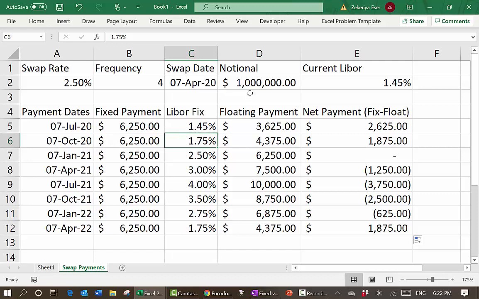I am going to loan $1 million to someone, but I'm not going to give that money until 7th of July. And we don't know what that rate is going to be, but we can act as if that's the forward rate. It's going to be much more clear when we implement this. But for now, let's stop here to make this video short enough for YouTube.